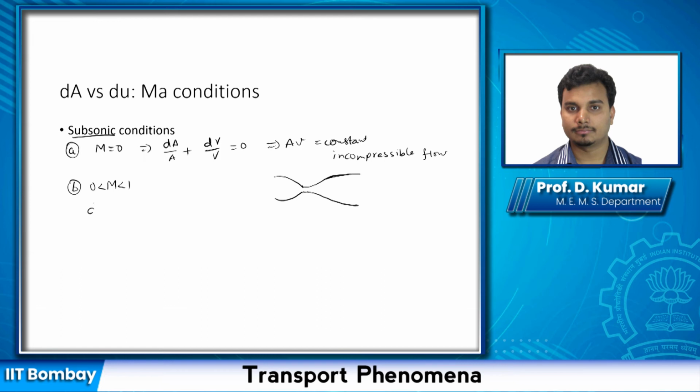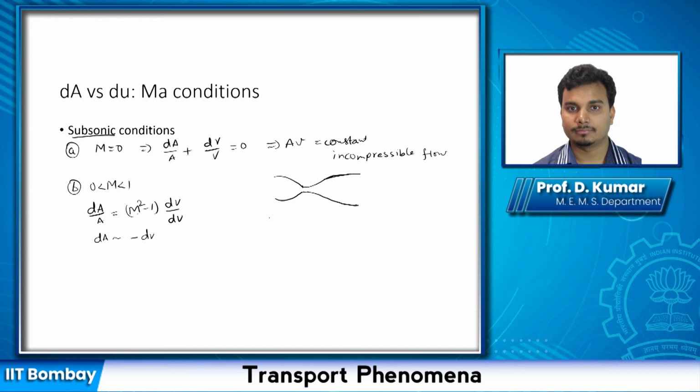So what we have is dA by A is equal to M squared minus 1 times dV by V. So if Mach is less than 1, then as area goes down, dA is negative, and this number is less than 1, so this whole thing is negative.